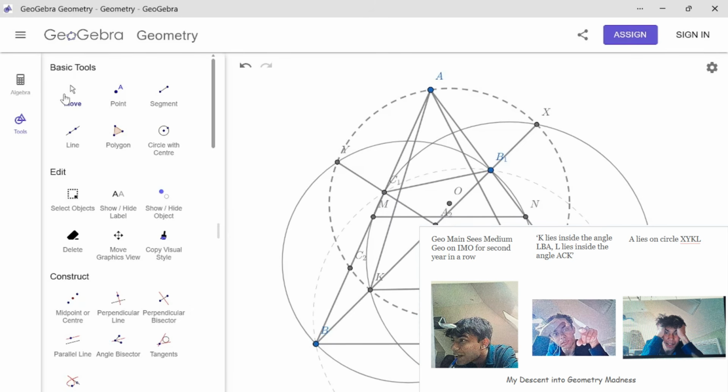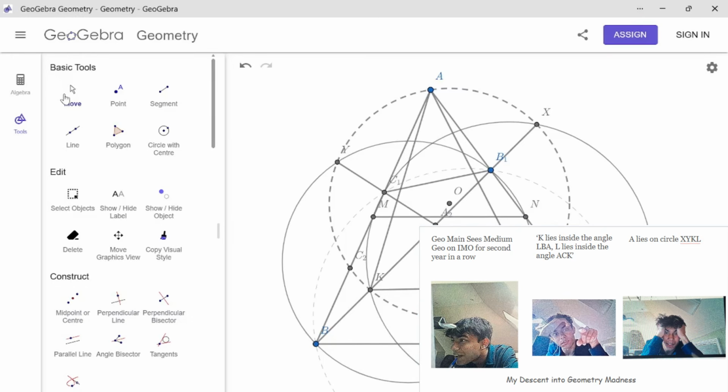So MA times MC2 is NA times NB2. And then that is equivalent to MA times AC1 equals NA times NB1, which is equivalent to AM times AC1 equals AN times AB1, which is true.